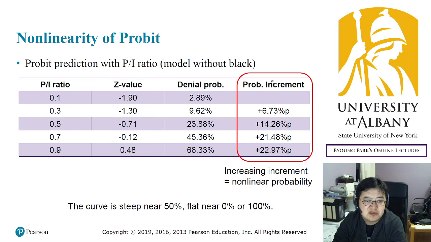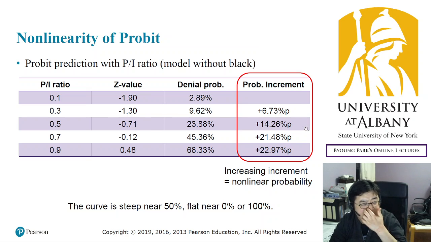As a result, the increment in the probability is increasing. The first 20% increase in the PI ratio increases the denial probability by about, say, 7 percentage points, and then 14 points, and then 21 points, and then about 23 points.